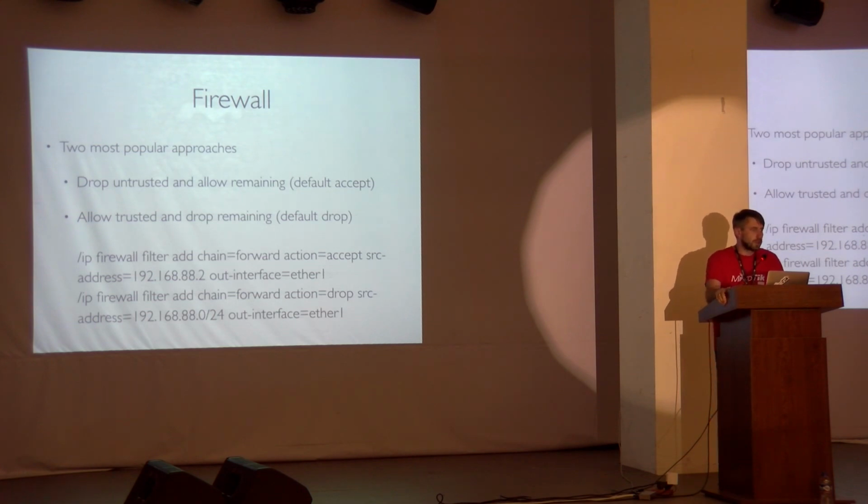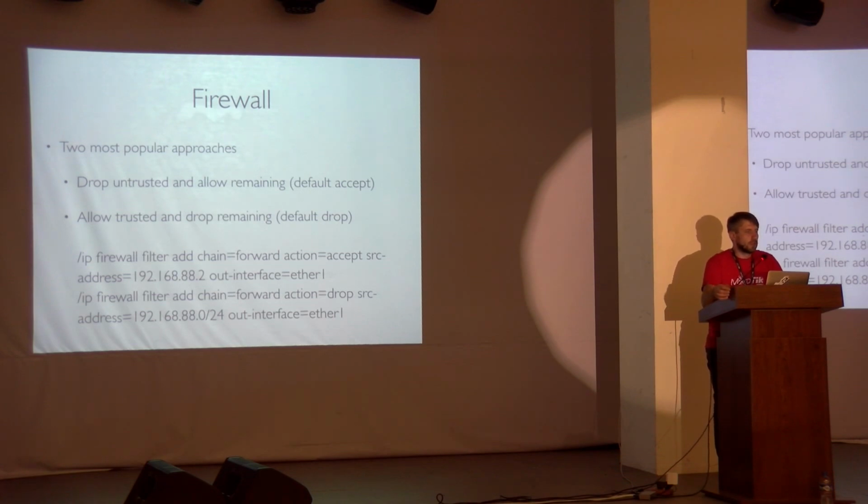By default, if you don't have any firewall configuration from the default configuration, then routers have accept at the end. So if you have no rules in your firewall, it means that everything is being accepted. And there are 2 popular approaches to configuring a firewall.